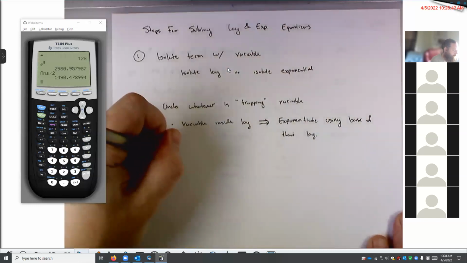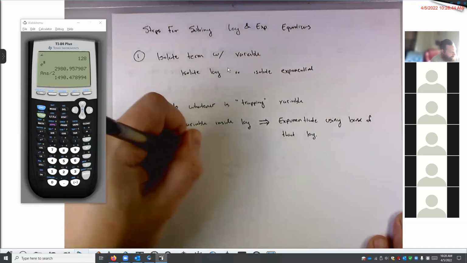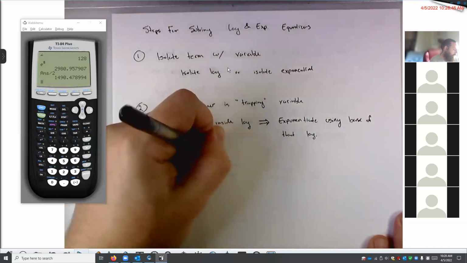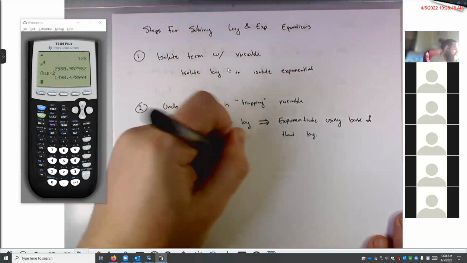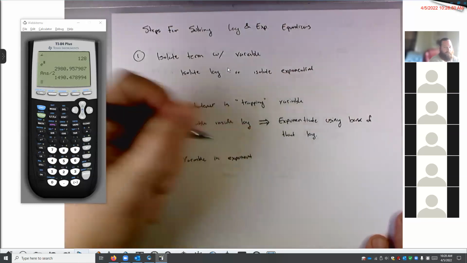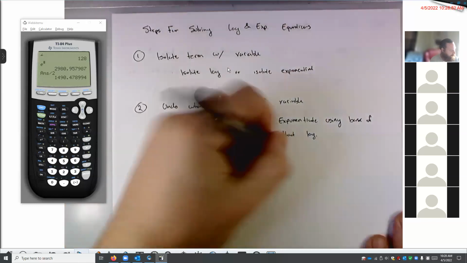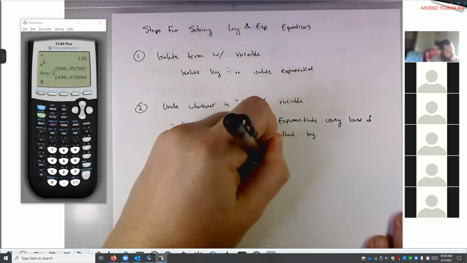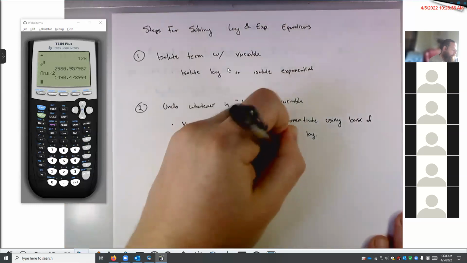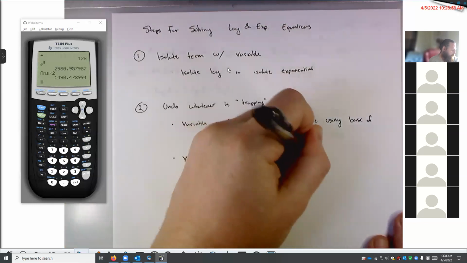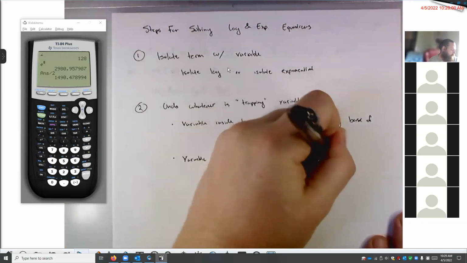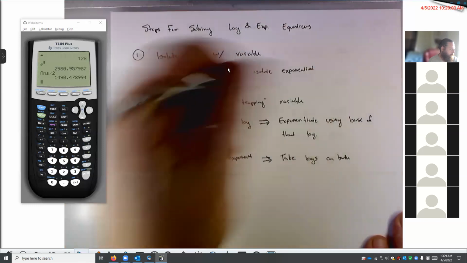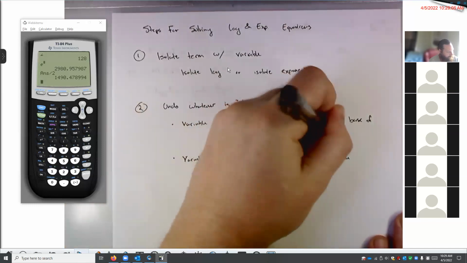If your variable is in a power, if your variable is stuck up in an exponent, then you will take logs on both sides. I should add on both sides to the first one too.